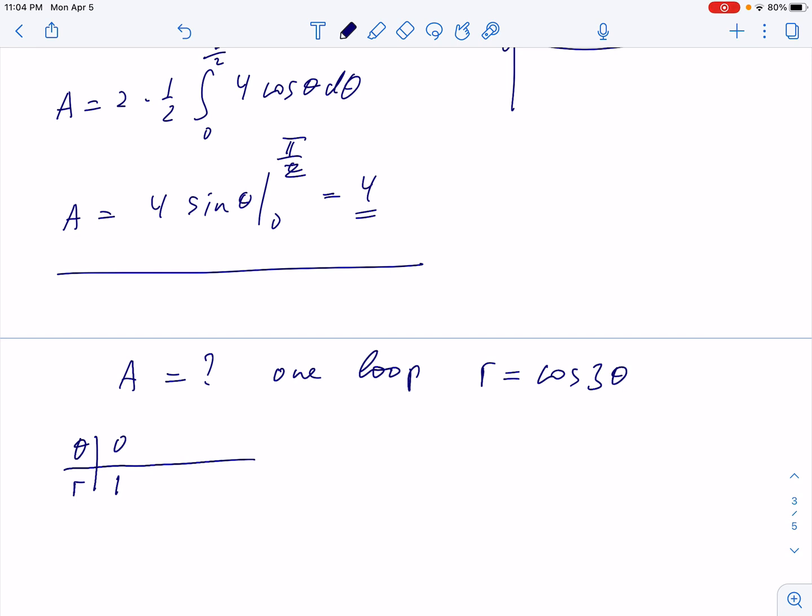This will be theta equals pi over 6. When theta is pi over 6, cosine of 3 times this, which is pi over 2, will be 0. So this is an important step. And this is what corresponds to this interval.